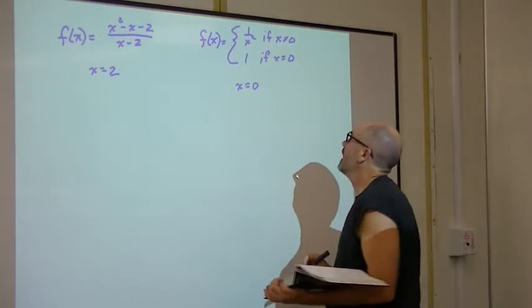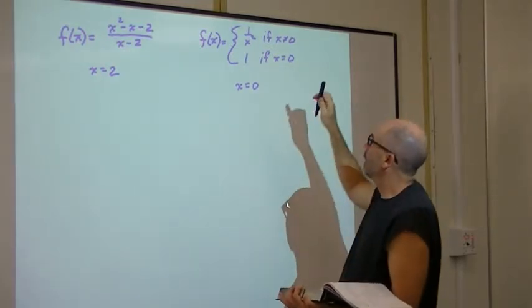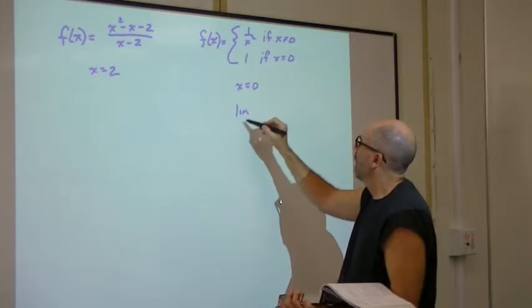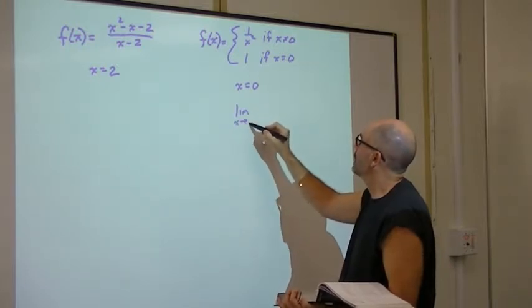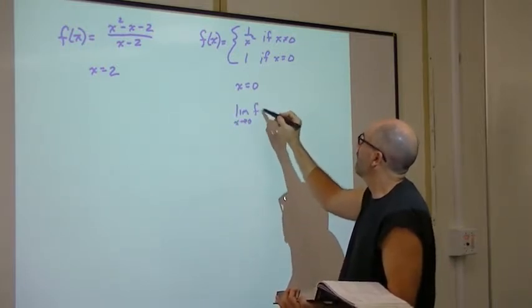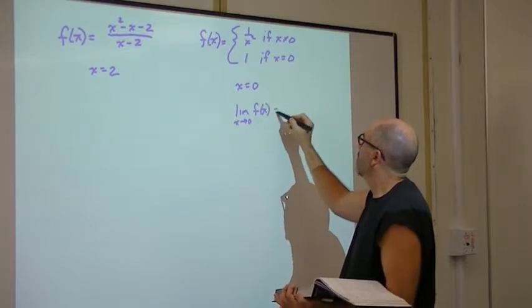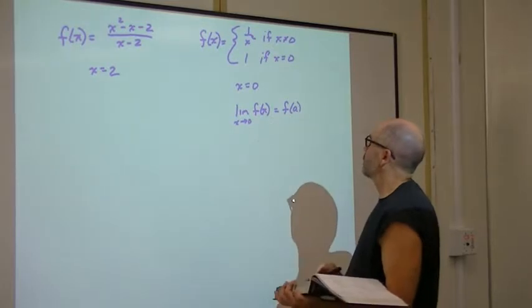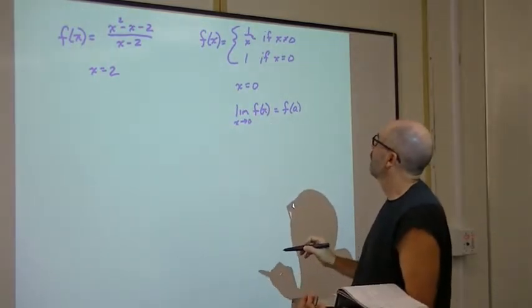But the problem here is the point of discontinuity is at x equals 0. Why? Because, remember, the limit as x approaches 0 of f of x must equal f of a. Well, what's the limit as x approaches 0 of f of x?